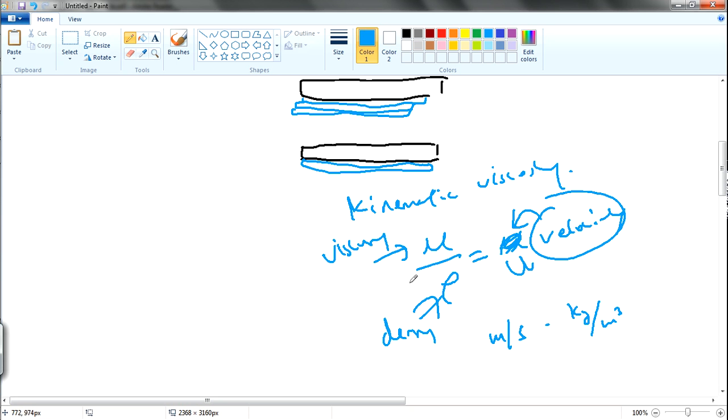As you can see, if you were to increase the density, let's say you bring this up, density times velocity, the viscosity of the fluid itself is partly of the density and partly of the velocity that moves it.